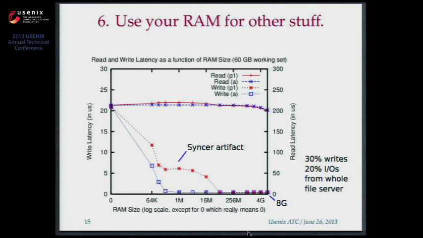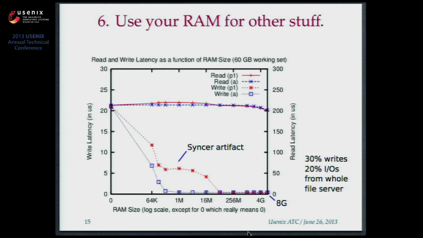If you use really small RAM sizes and a periodic sinker for the RAM cache, it gets behind and you start doing synchronous evictions. This is not very interesting. If you fix that, which is the blue line at the bottom, you can go all the way down to 256K of RAM before you start seeing write penalties. That's basically just enough RAM to do write buffering.